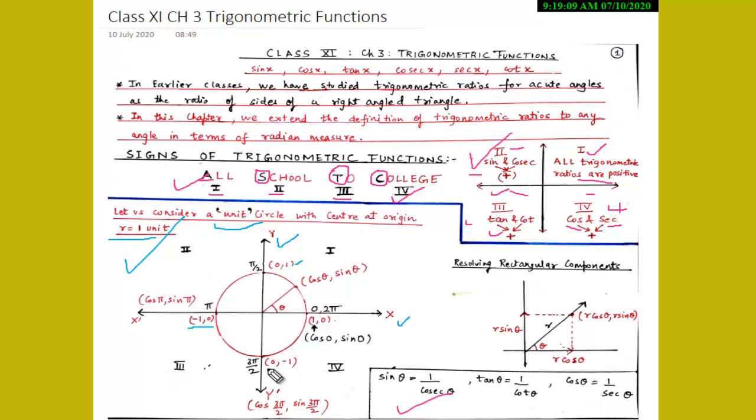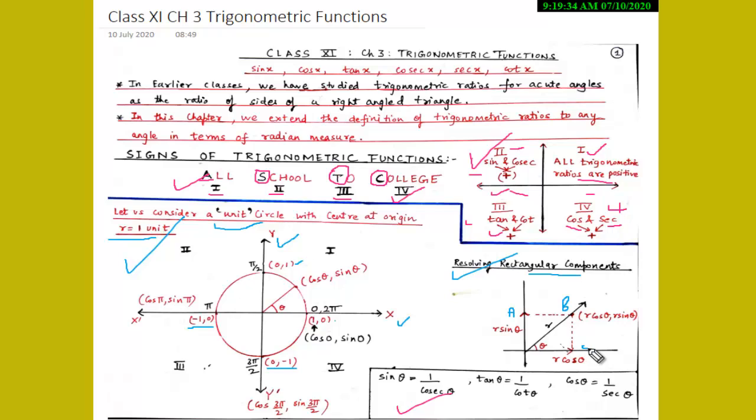To understand this topic, you will learn how to resolve rectangular components, which you will study in physics. Here, as you can see, I have drawn 2 axes, x and y. Let us consider a rectangle ABCD, in which the distance BD is, let's say, R. Here BD is making an angle theta.